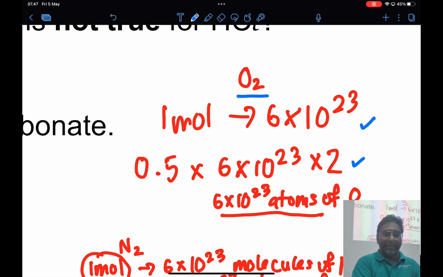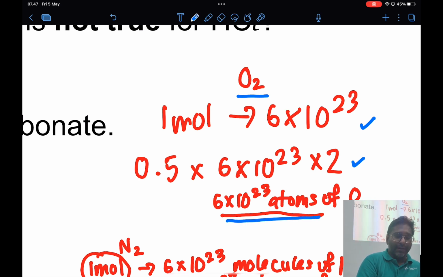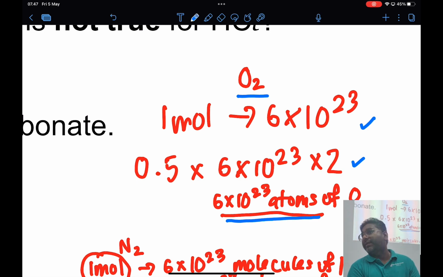But why is there 0.5 in front? Because they have mentioned 0.5 mole in the question. So if you calculate this, you will get this number of atoms. They are asking you to calculate the mass of nitrogen that has the same number of atoms as this.